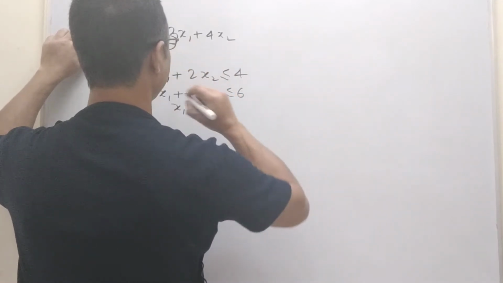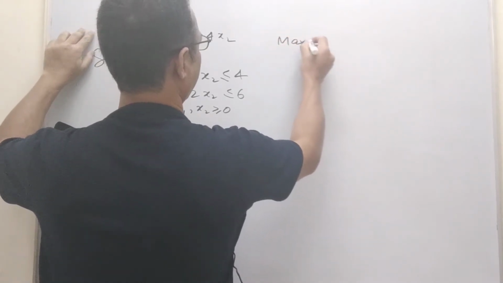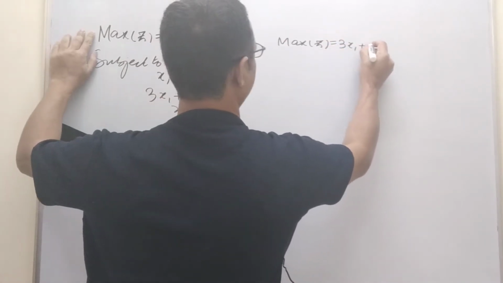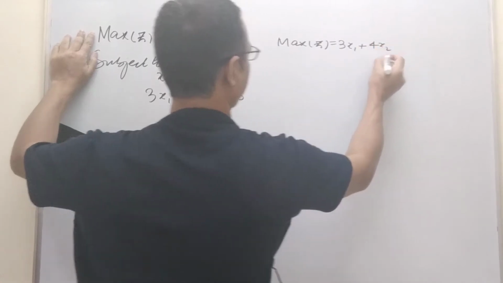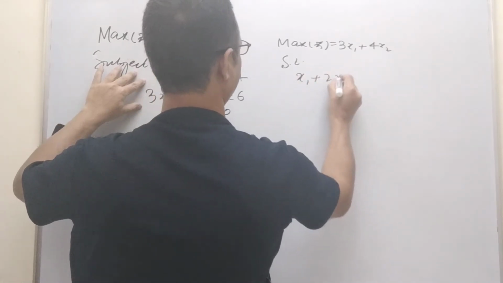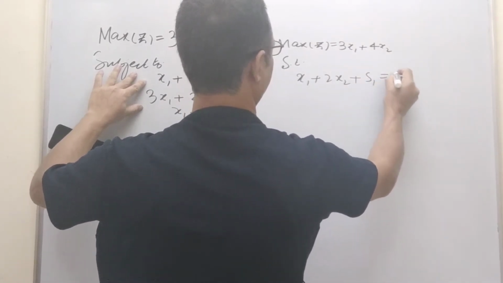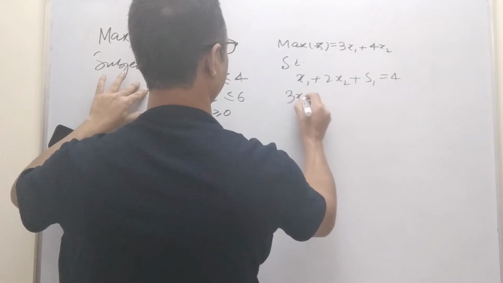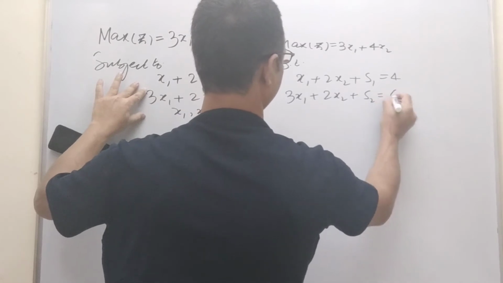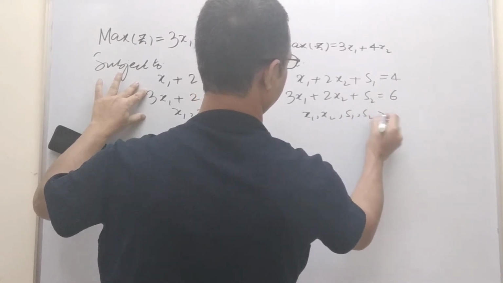Now let's see how to proceed. Max z equals 3x1 plus 4x2 subject to x1 plus 2x2 plus s1 equals 4, then 3x1 plus 2x2 plus s2 equals 6, with x1, x2, s1, s2 greater than or equal to 0.